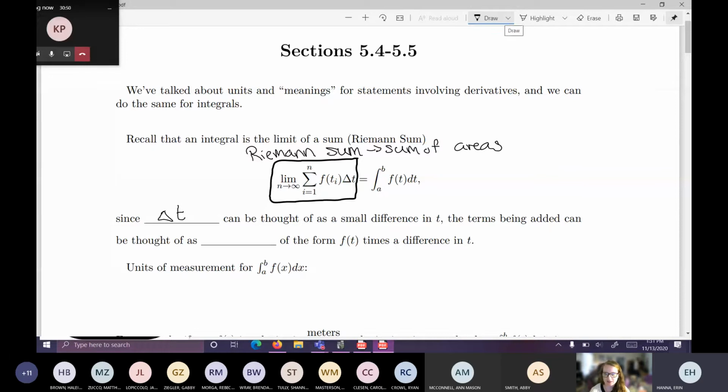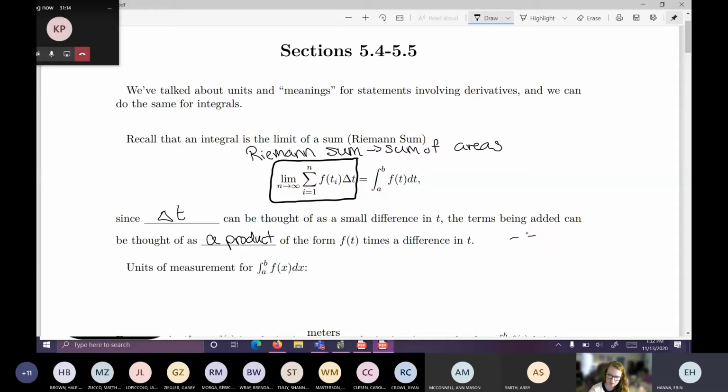because that's essentially what it means. Then the terms being added are essentially a product of the form f of t times a small difference in t. So we're taking a y value and multiplying it by a change in x value.